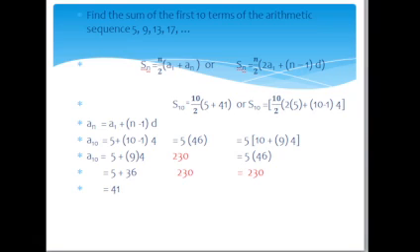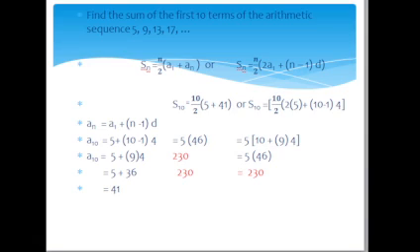Or the other alternative formula is S sub n equals n divided by 2 times 2 times a sub 1 plus n minus 1 times d. Okay, now we will use the previous formula. We have a sub n equals a sub 1 plus n minus 1 times d.